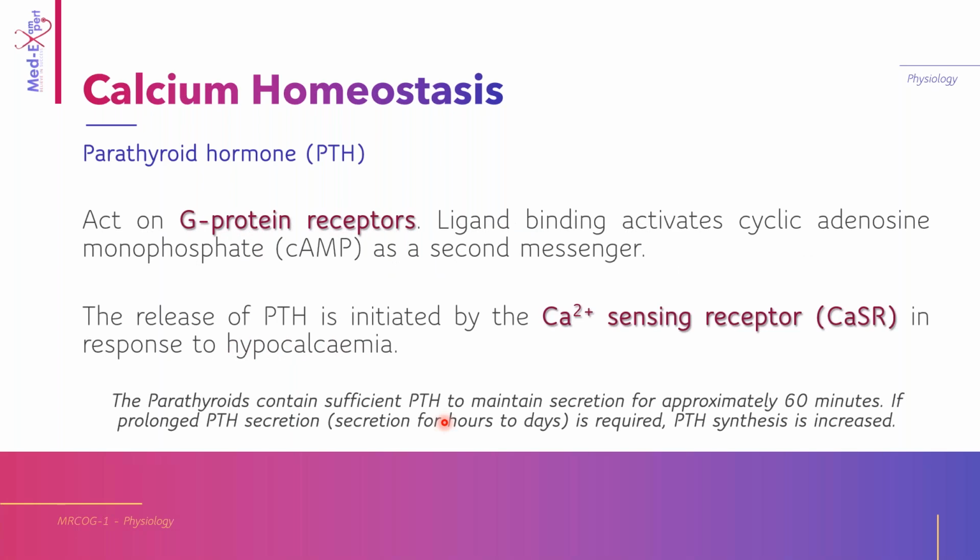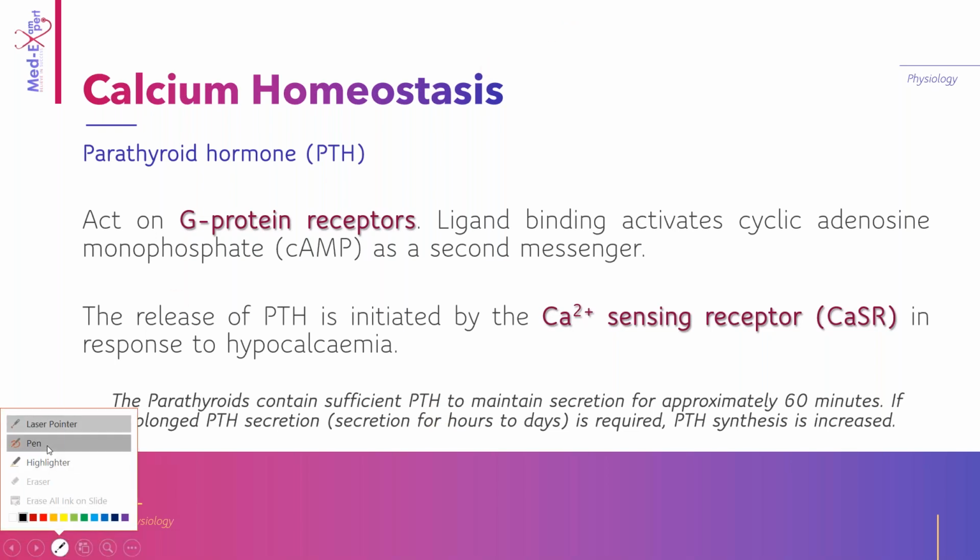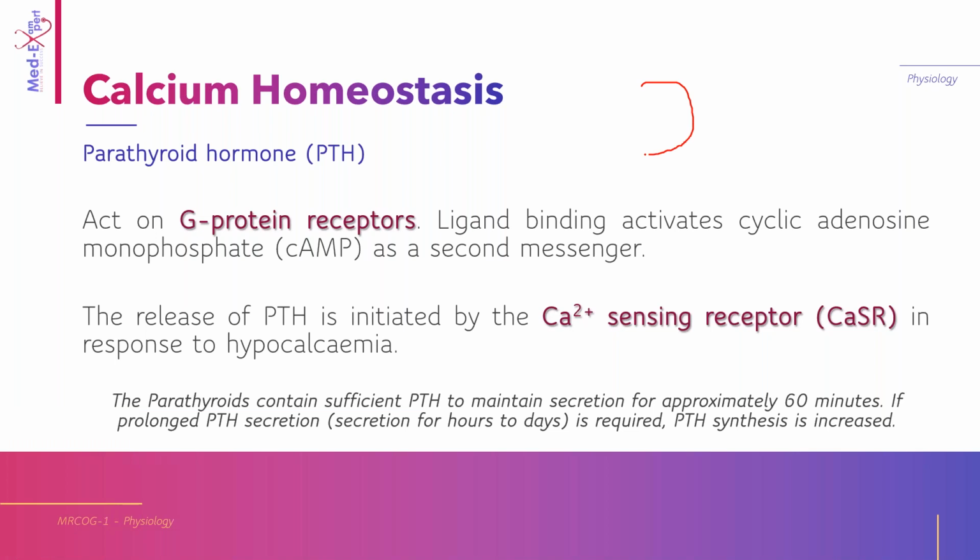The parathyroid hormone acts on a type of cell surface receptor called G protein coupled receptor. This is the cell. These are cell surface receptors called G protein coupled receptor. Of course, there are various types of cell receptors.